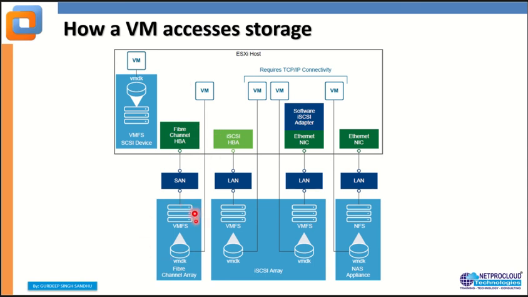Fibre Channel HBA adapters are present inside the ESXi box. Through the SAN, these HBAs communicate with the FC array, and onto this FC array we create the VMFS datastore, and onto this VMFS datastore we can keep the VMDK.